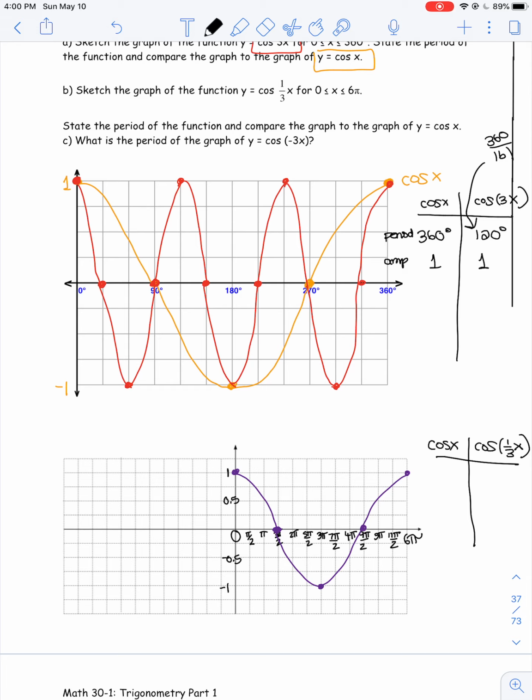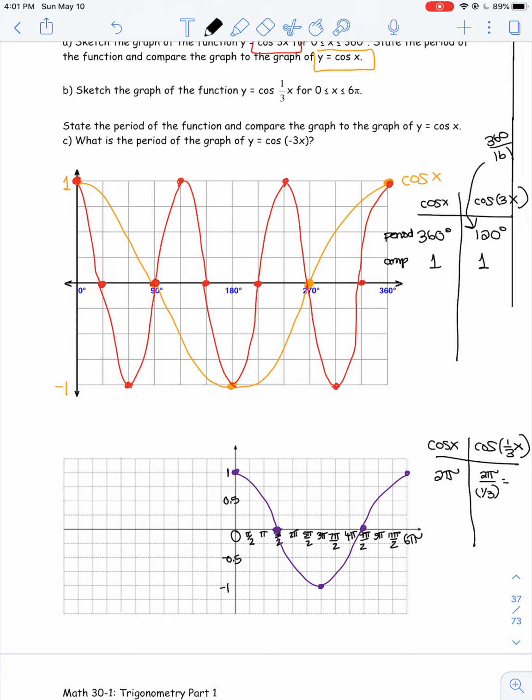So in this one, the period would be, since we're in radians, 2 pi. And here, we're making sure that we flip that value, so it's going to be multiplied by 3. What you're calculating is 2 pi divided by your b value, which is 1/3.